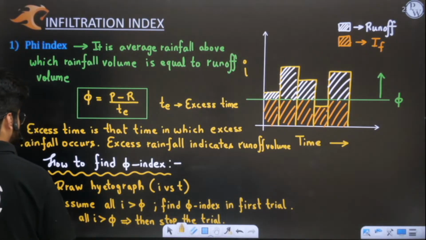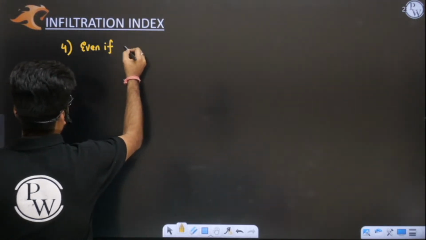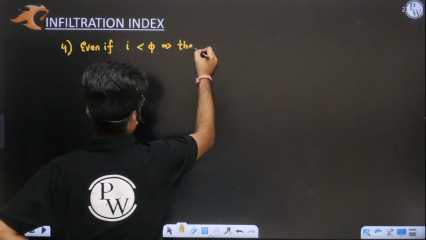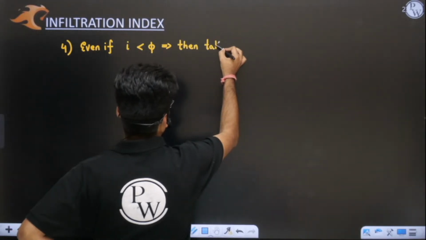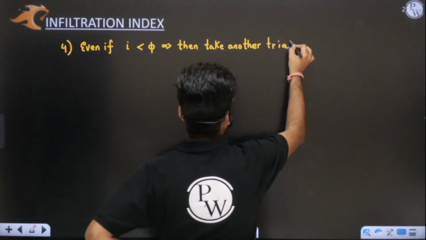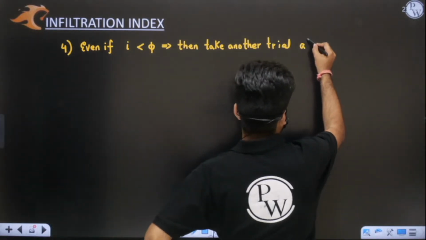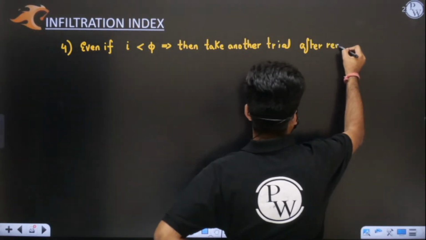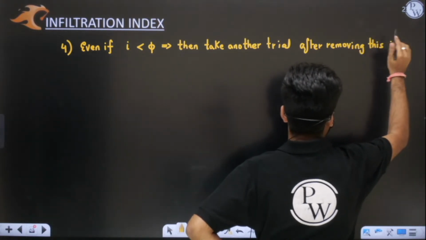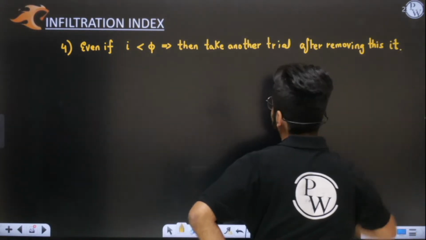But if even a single I value, even one intensity, is less than 5, then take another trial after removing this precipitation value, removing this I into T part, because in this we don't have excess rainfall.